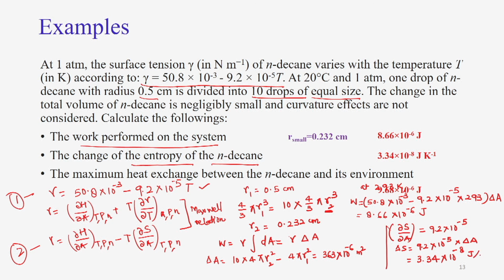Now, the third part says the maximum heat exchange between the n-decane and its environment, which means we have to find the value of Q, and Q is equal to T delta S. The value of T is 293 and the value of delta S we have already calculated.